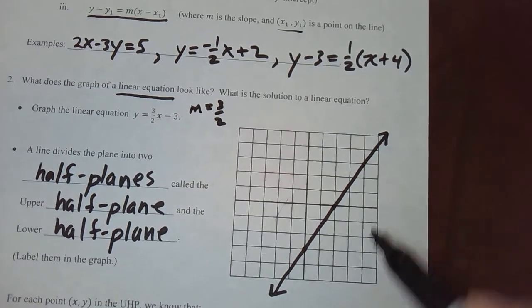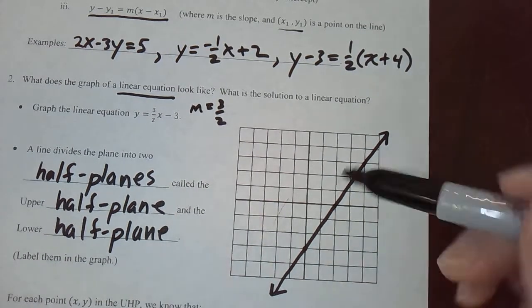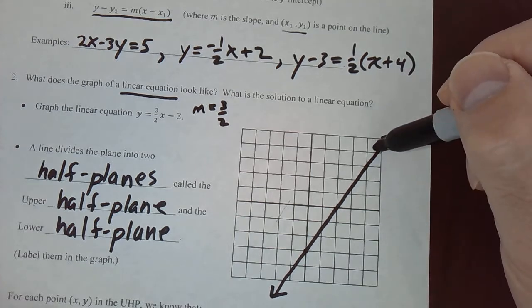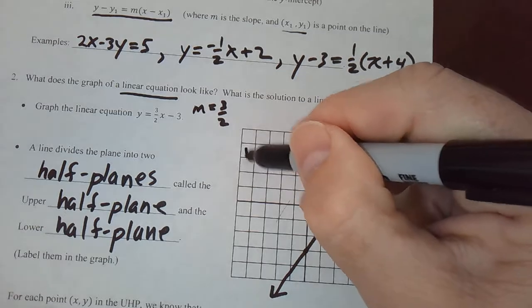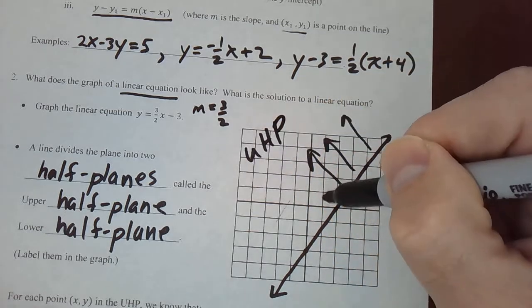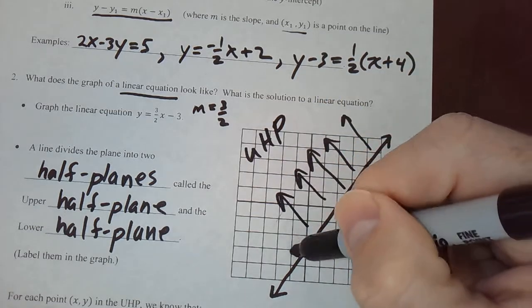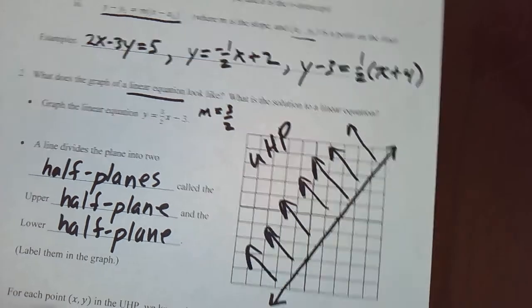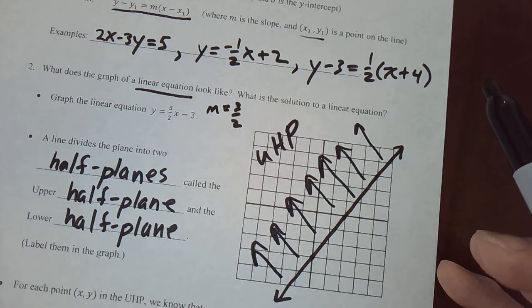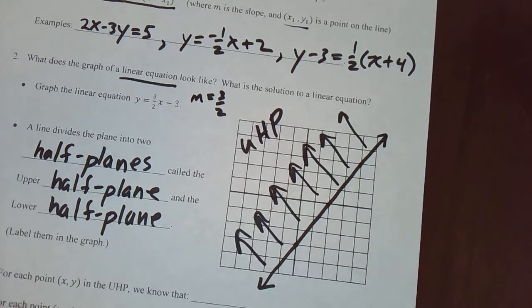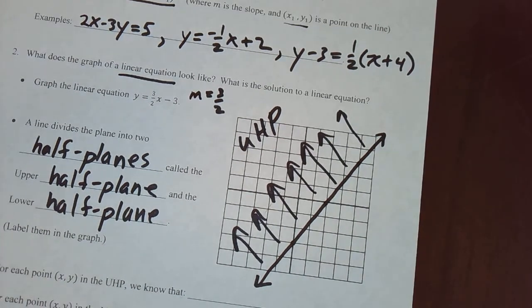So if I were shading the upper half plane, I might do something like this. And I'll write upper half plane. Notice I need to use arrows because it goes infinitely in that direction. And the lower half plane, maybe I'll use a different color.